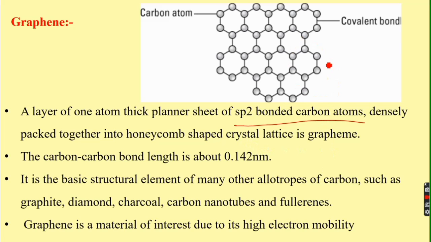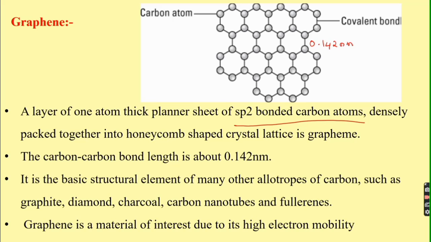Usually the carbon-carbon bond length we observe is 0.142 nanometer. It is the basic structural element of many other allotropes of carbon, such as graphite, diamond, charcoal, carbon nanotubes, and fullerenes. If you observe carbon nanotubes or fullerene, graphene is the basic structure.